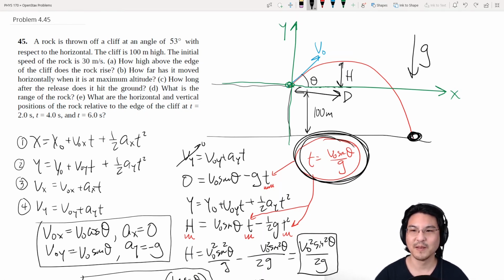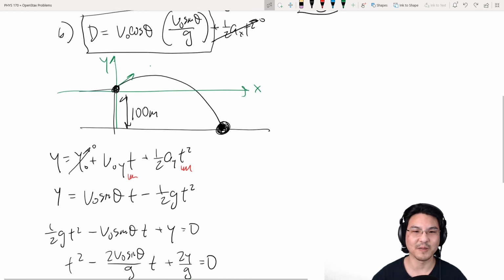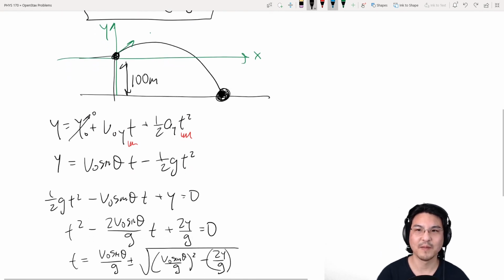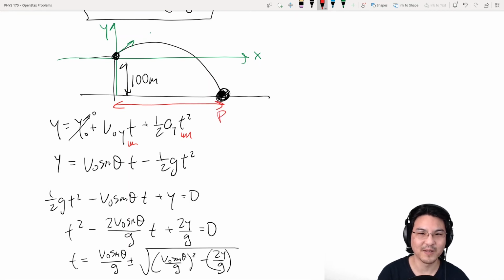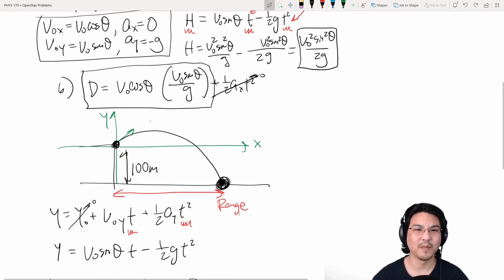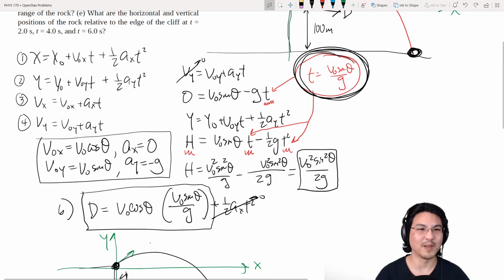And now, what's the range of the rock? Meaning the horizontal displacement from here to here. How far is this range? Which of these 4 formulas has to do with the horizontal position? This one right here, so let's use that one.